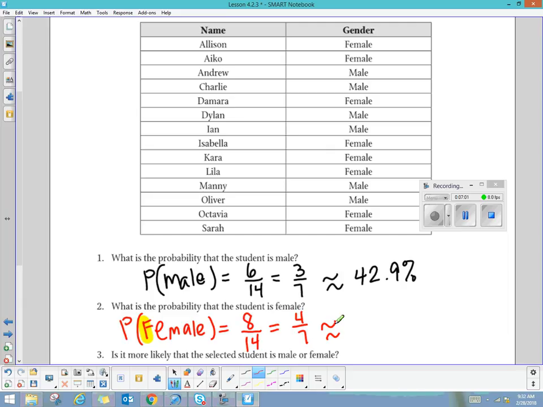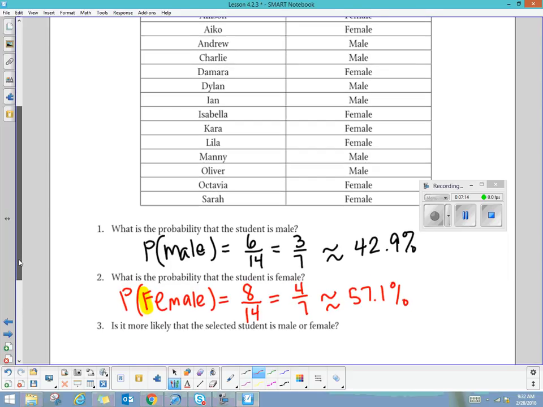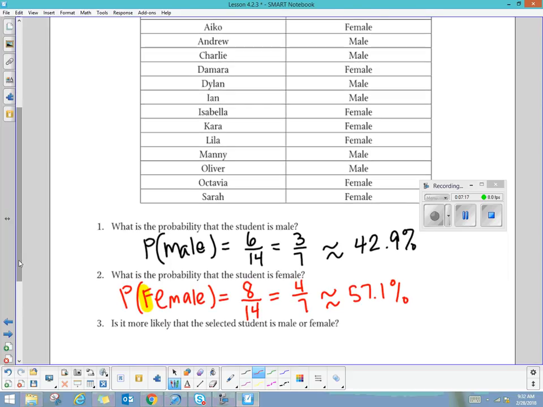And this is going to give us approximately a 57.1% probability of selecting a female student. As for part 3 of the warm-up, which is more likely to be selected, you can see that from the percentages as well as the fractions. It is more likely to select a female student.